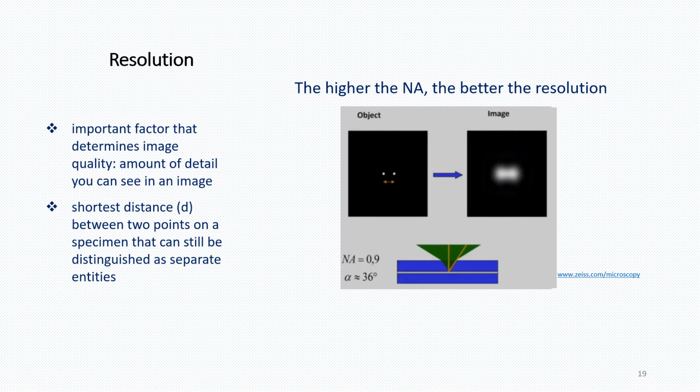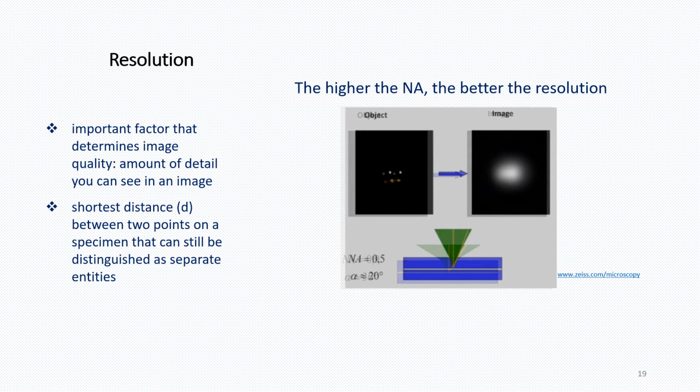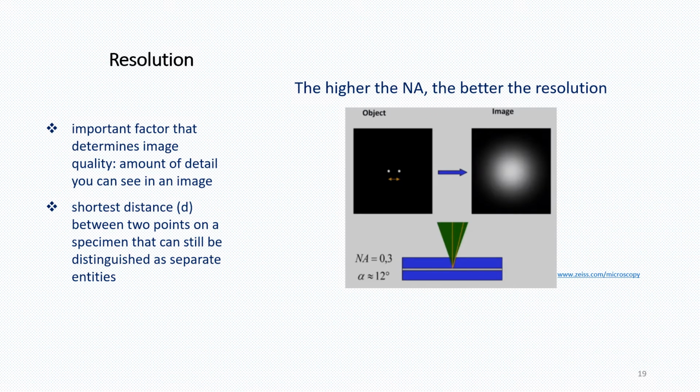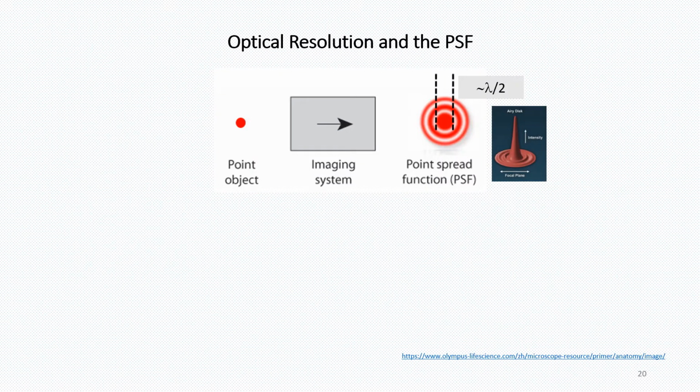But once we start going through lower NA objectives, we start losing resolution, and eventually lose the ability to determine how many objects are actually present. An infinitesimally small point appears in a microscope as a spot with a certain size, with concentric rings around it.